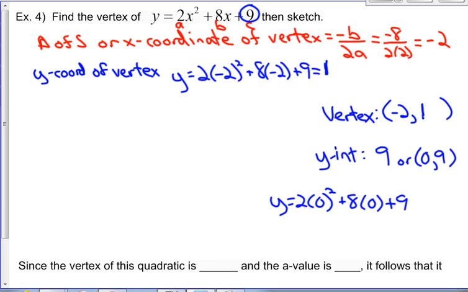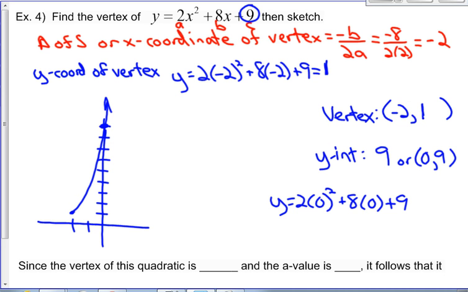Now, hopefully this is all going to be consistent, because we expect that this opens upward and that it's somewhat steep. Let's see what happens. Negative 2, 1. That's our vertex. 2, 3, 4, 5, 6, 7, 8, 9. This is looking good. It does open upward. Okay.